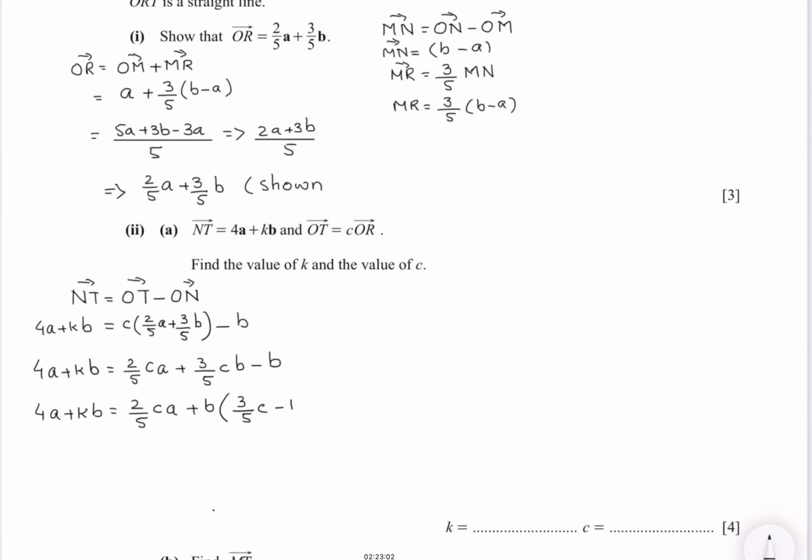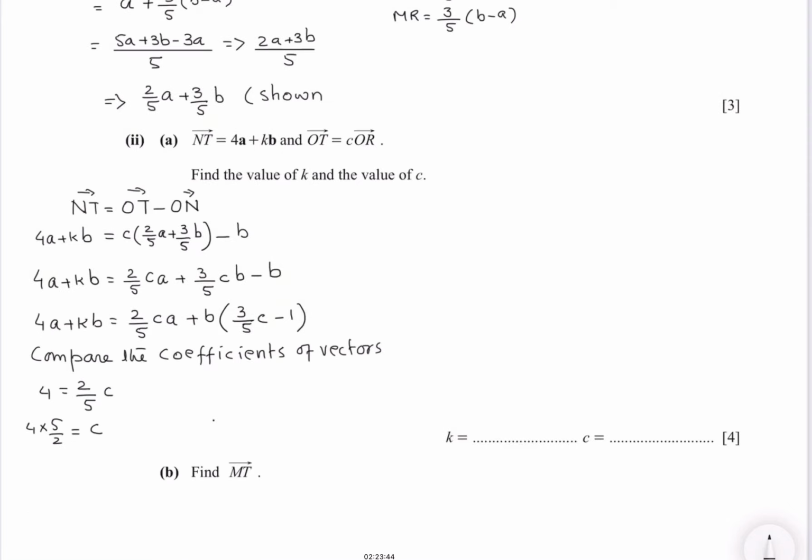Now compare the coefficients of the vectors. So vector A on the left side, the coefficient is 4, on the right side is 2 over 5 C. So from here you can find out the value of C. And the left side coefficient of B is K, and on the right side the coefficient of B is 3 over 5 C minus 1. Equate them and put the value of C, which you have already found.